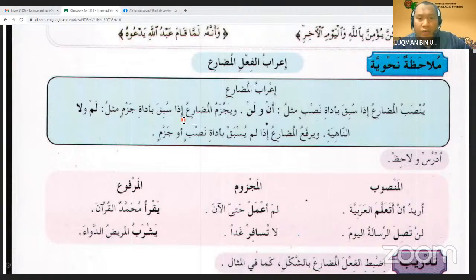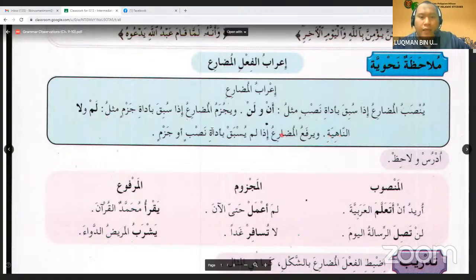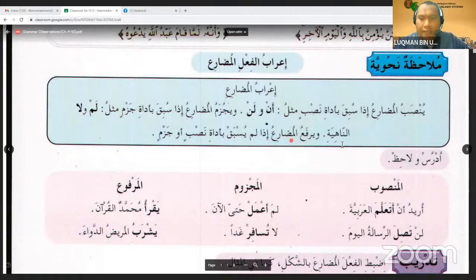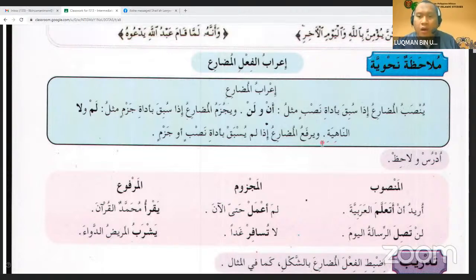ويجزم المضارع إذا سبق بأداة جزم مثل لم ولا الناهية. And it becomes majzum, it becomes jussive case, if it is preceded by a tool of jazm like lam and la الناهية, the forbidding la. ويرفع المضارع إذا لم يسبق بأداة نصب أو جزم.